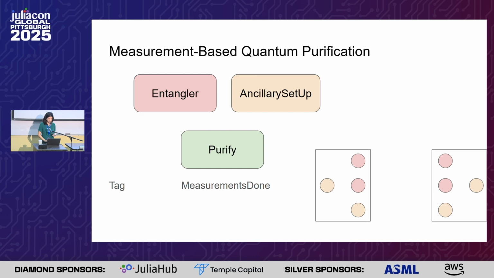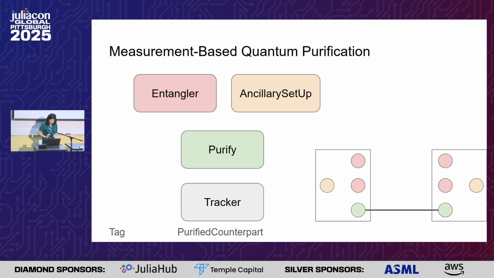And we have a tracker which receives the message and compares it with the measurement on the current node. If they match, then the purification process was successful, and we tag the green qubits with a purified counterpart.